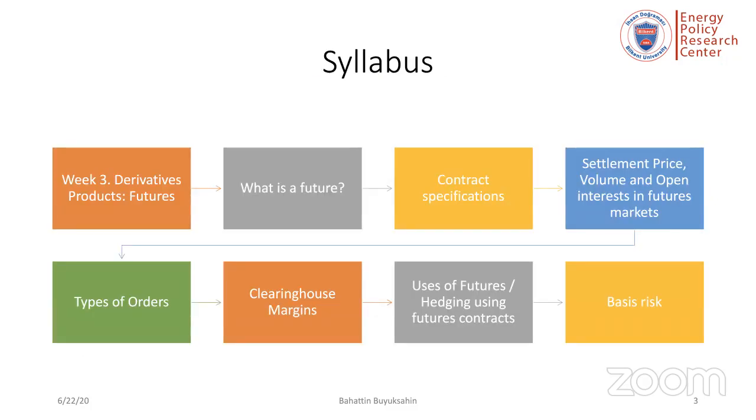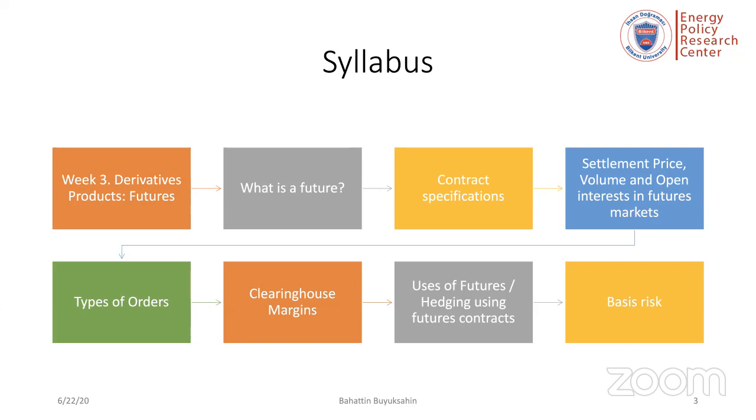Now, this week, I'll start talking about the second derivatives product, so-called futures. I'm going to define what a future is, then we'll discuss contract specification, settlement price, volume, and open interest.